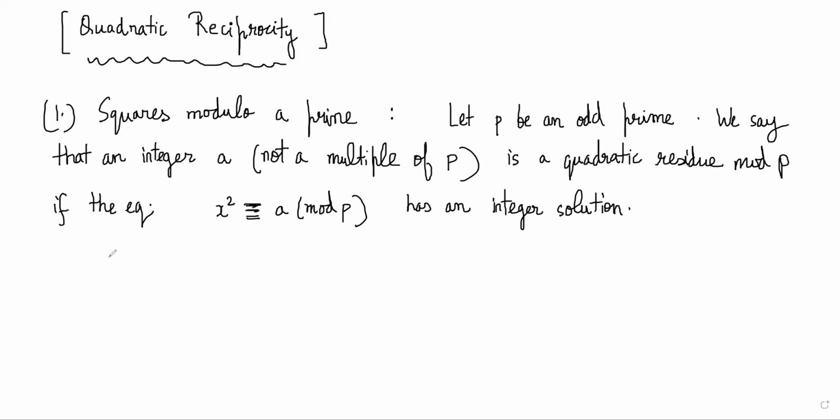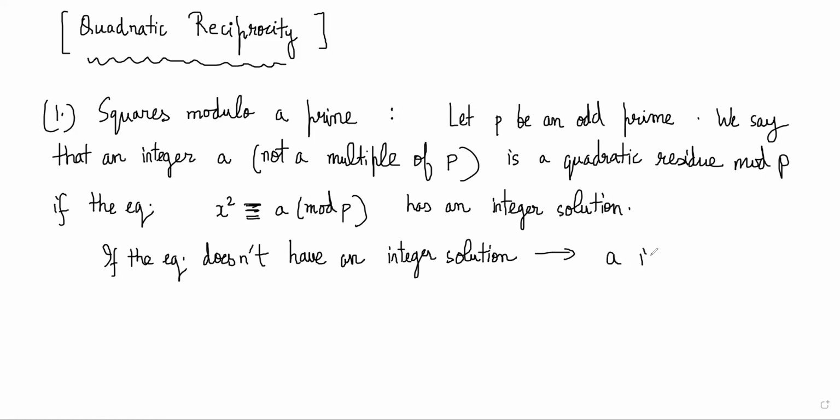If the equation doesn't have an integer solution, then A is a quadratic non-residue. Please go back to the previous videos and revise this idea of quadratic residues and non-residues.